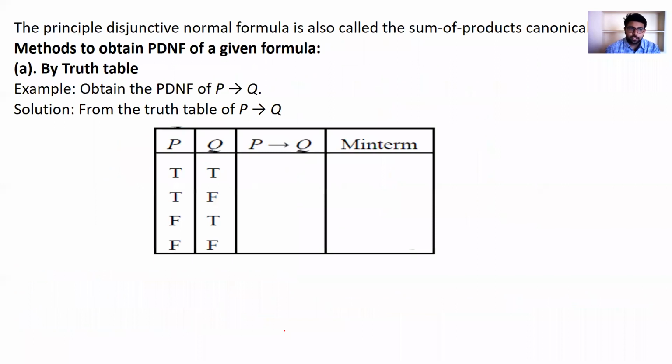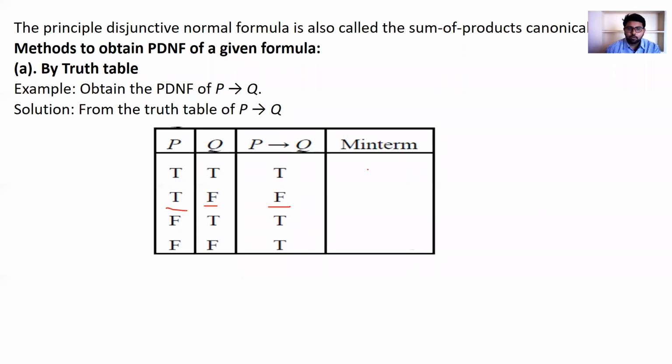Okay, we have seen this. We have constructed a truth table for P implies Q. For P implies Q, if it is true and false, then it is false, and all the other conditions are true.